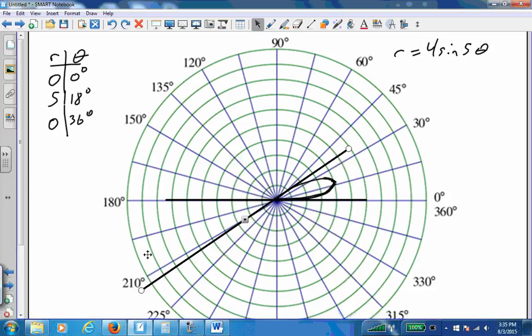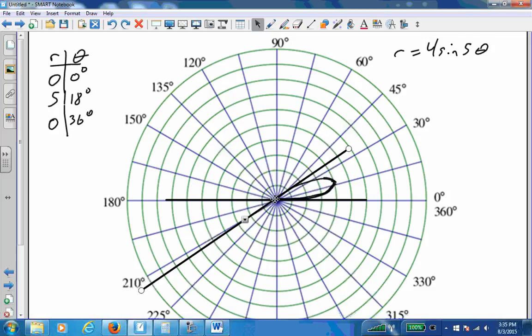The tricky thing about polar graphs is that, especially if you have a system of polar equations, that really gets confusing because you could be at the pole and lots of different angles. So remember, for a rectangular graph, each point has one unique description.